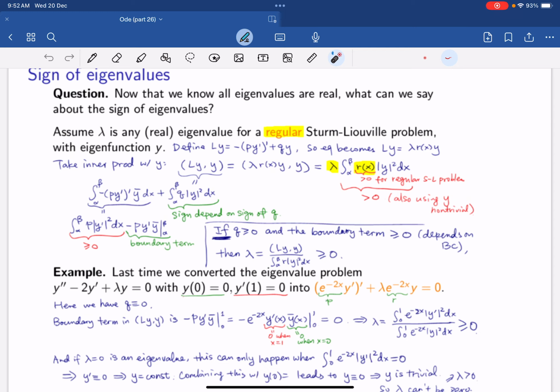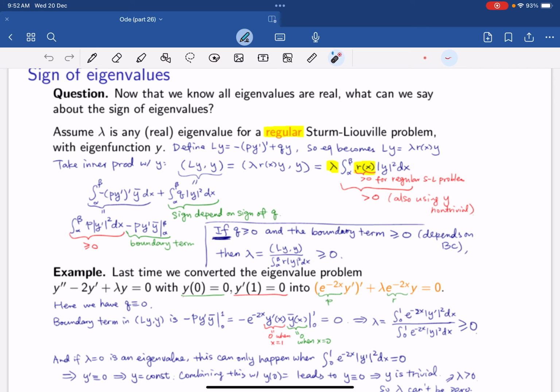So if the thing is positive, then we just need to find the left hand side, and the left hand side we can expand now to get the following form. Now you see this part, the sign depends on Q, and this part is larger than 0 because it's positive, and for this there will be a boundary term.